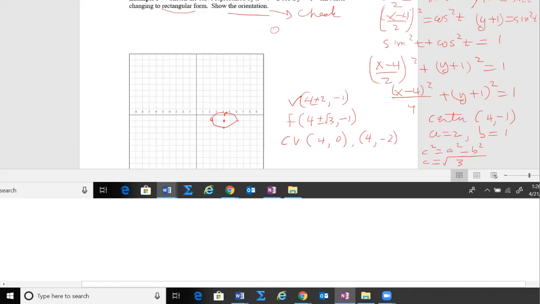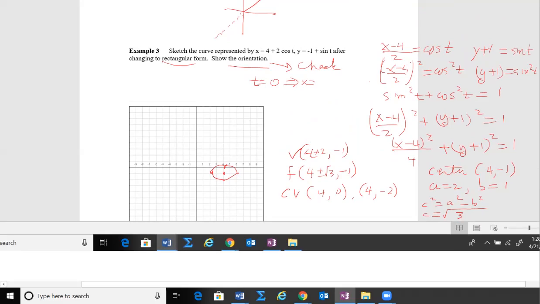So let's let t be 0. Okay, t equals 0 implies that x will be, I'm going to go to my equation forms here. This is where I started, but you can go backwards from here. This is convenient to look at it this way, but solving for x is going to give you 4 plus 2 cosine t, and y will be -1 plus the sine of t.